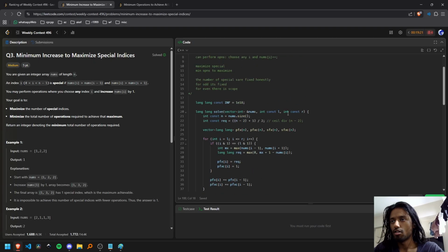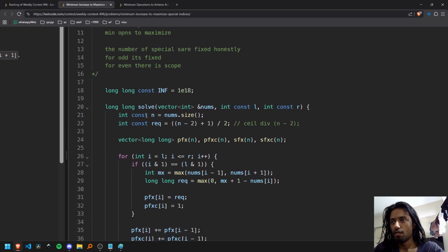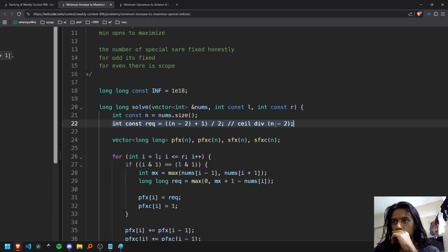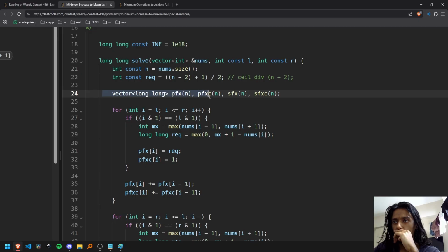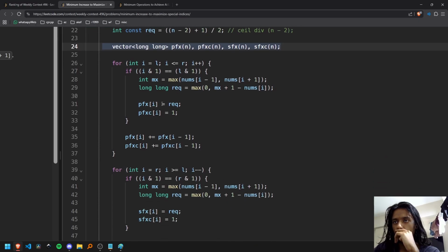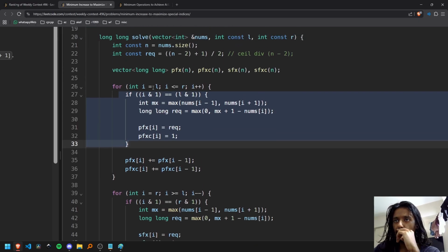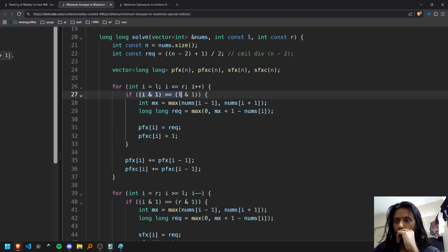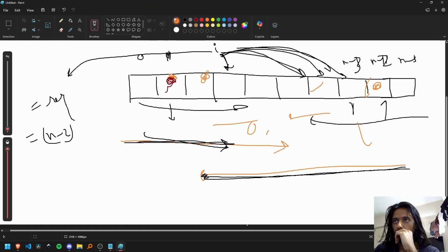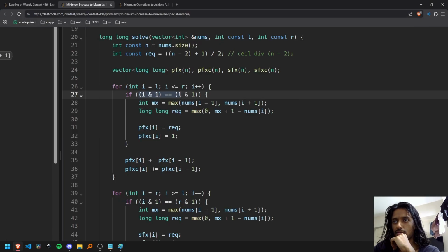Now how my computation works here: first of all I am calculating the required number, and this is the prefix cost, prefix count, suffix cost, suffix count, right? Here if I am starting at L, that would mean I am only performing the operation when my parity is the same, right? Like here, if I start here, then I am performing the operation here, here, here, and so on. Similarly, if I start here and perform the operation here, so basically the parity has to be the same for the operation.